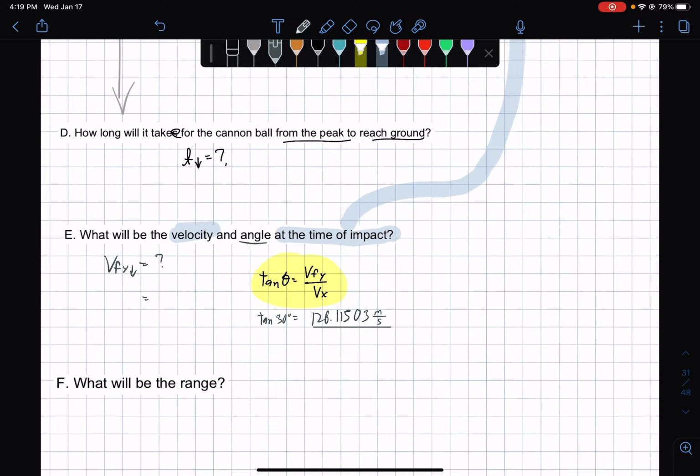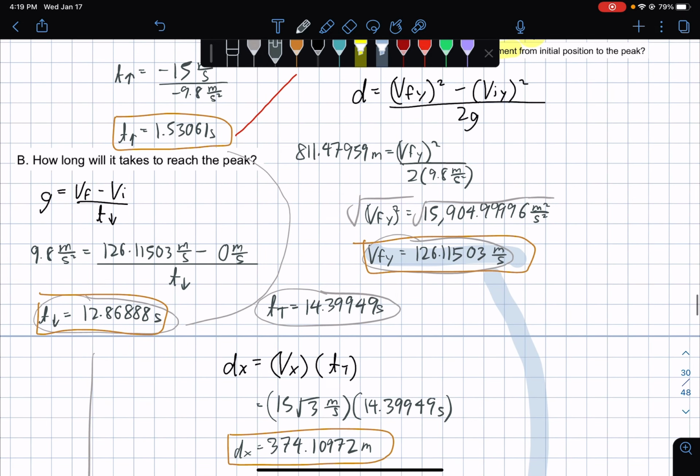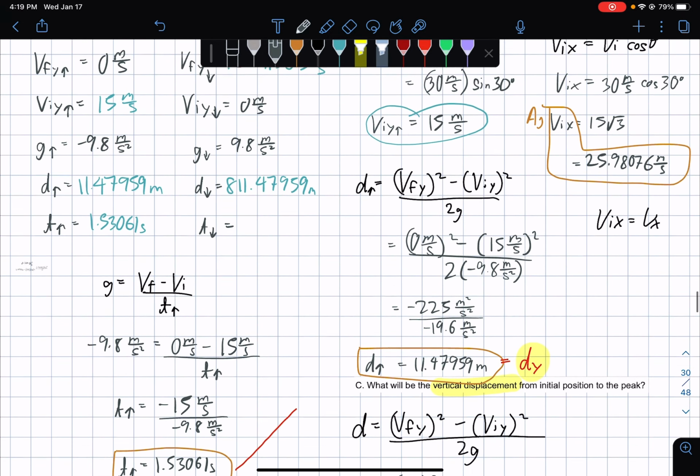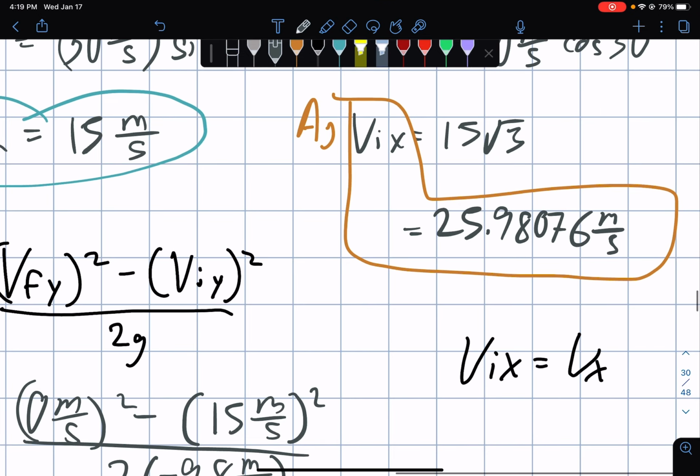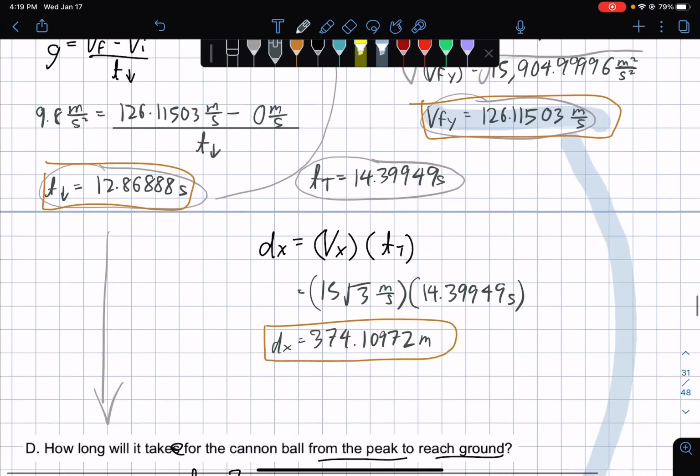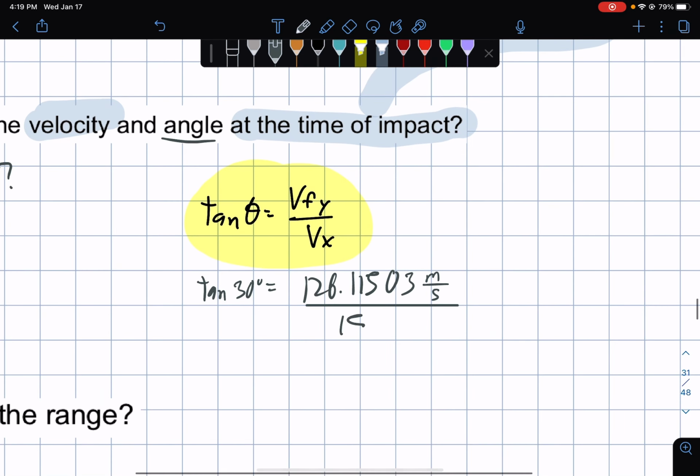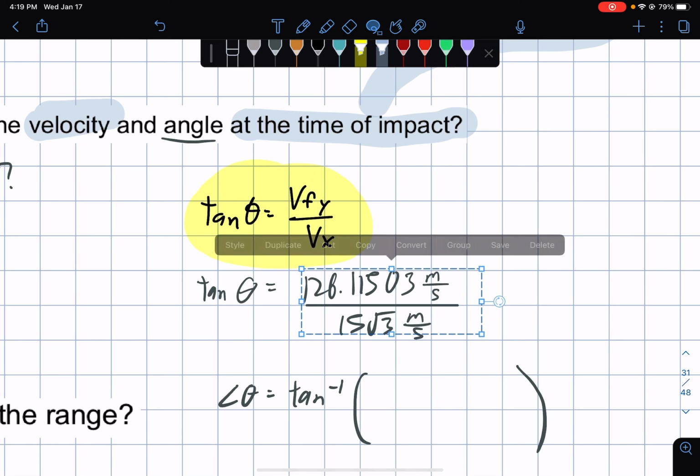And then the V of X is what? 25.98076, or just 15 times the square root of 3. This is meters per second. How do we do this again? Oh wait, no. I don't think we use the degree. It's just theta, so angle theta is equal to the arctangent of this entire fraction.